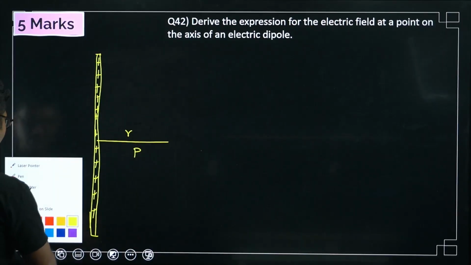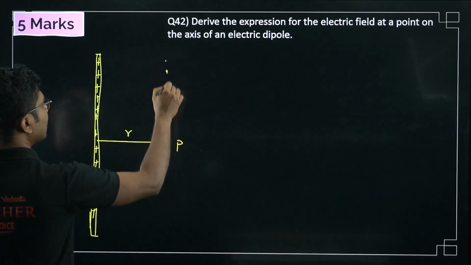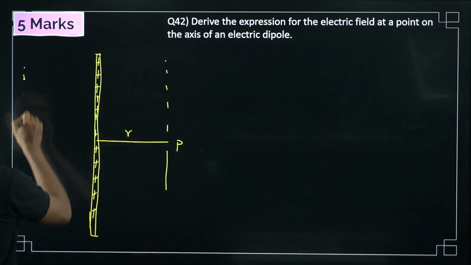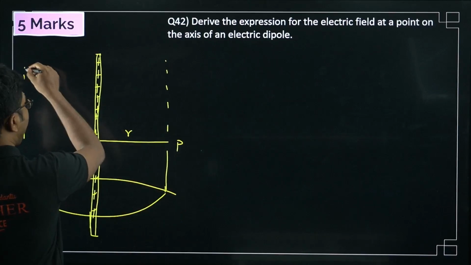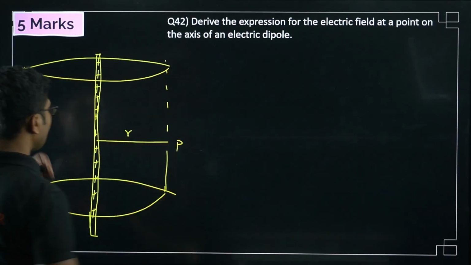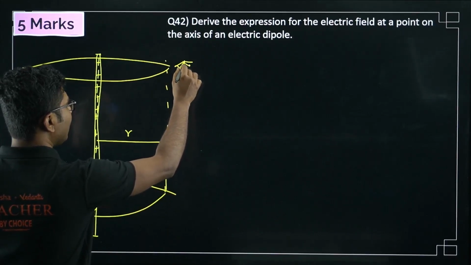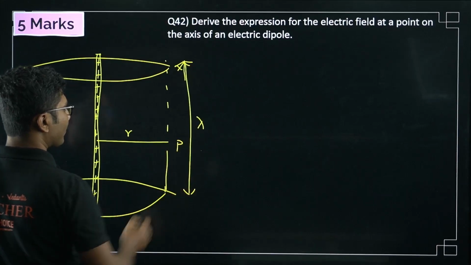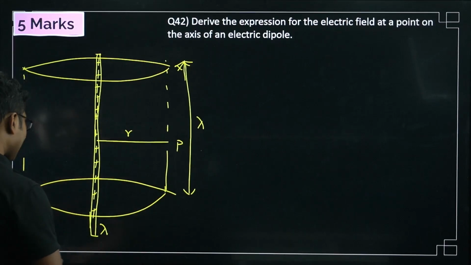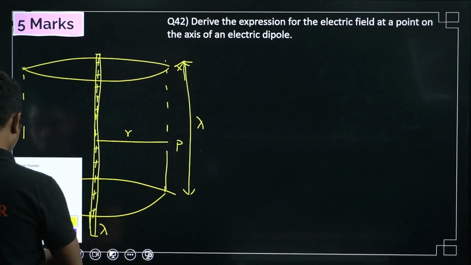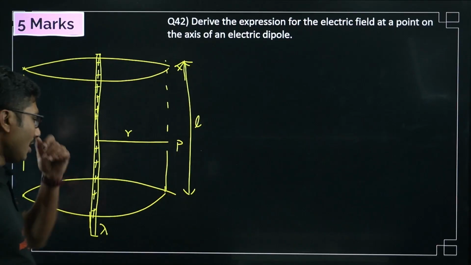The point where we are trying to find the electric field is P. So first we have to construct a Gaussian surface of radius r, and say the length of the cylinder is L. The charge per unit length is lambda, and the length of the wire is L.